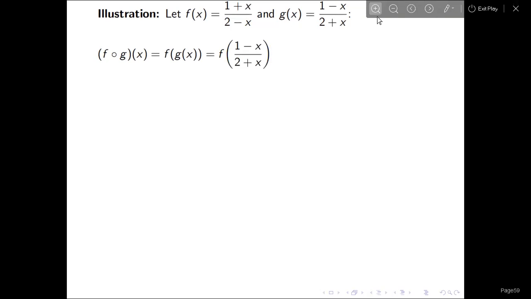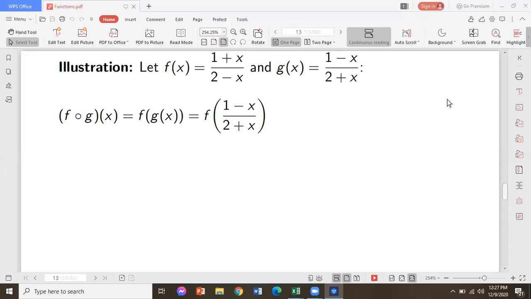It's hindering the function there. Anyway.